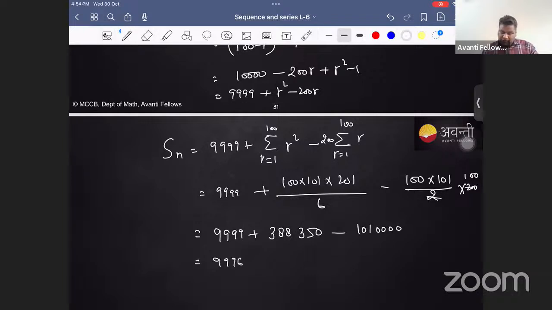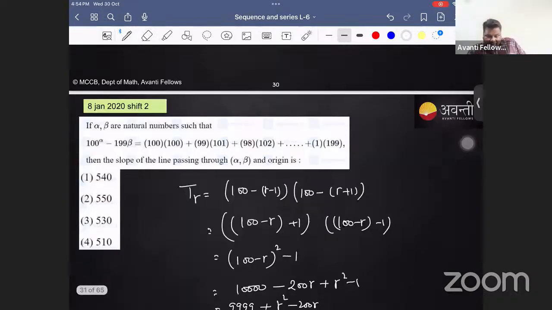So it is 9999 minus 6,71,650. But they are saying it is 100 to the power alpha minus 99 beta.